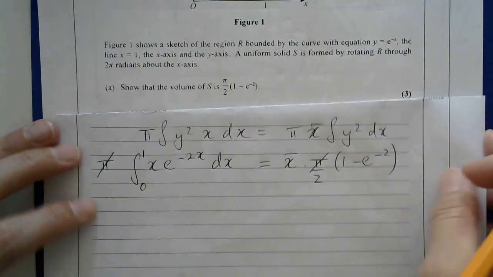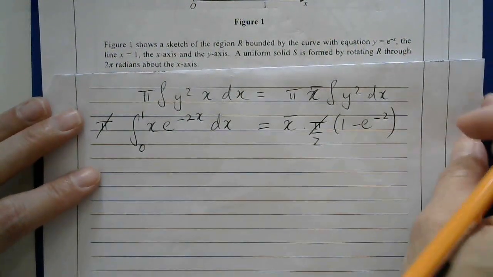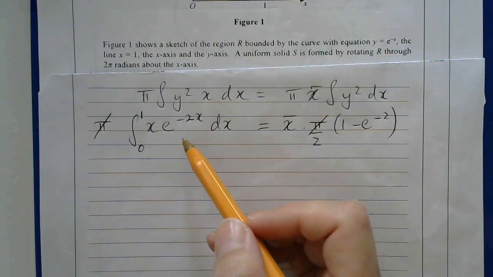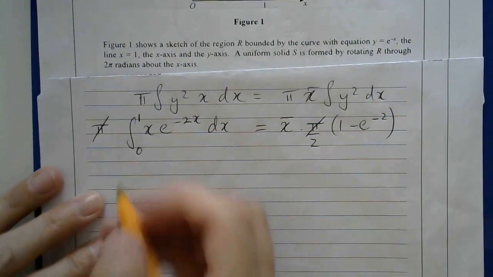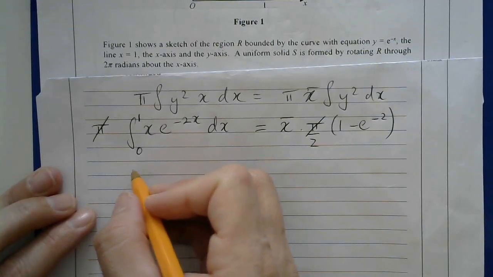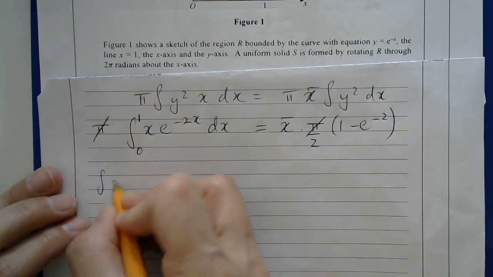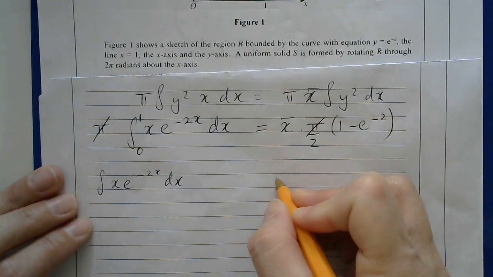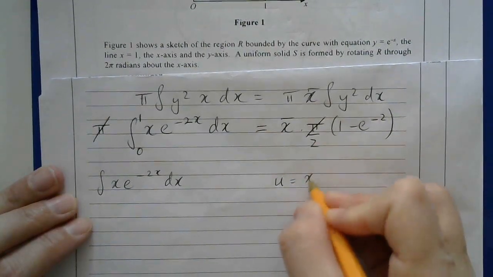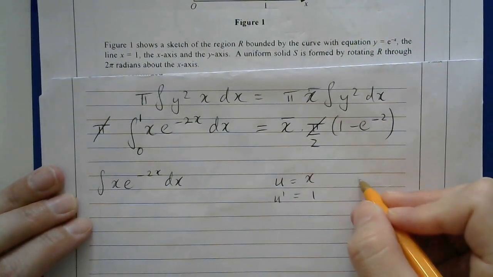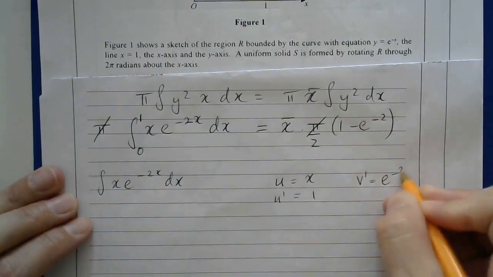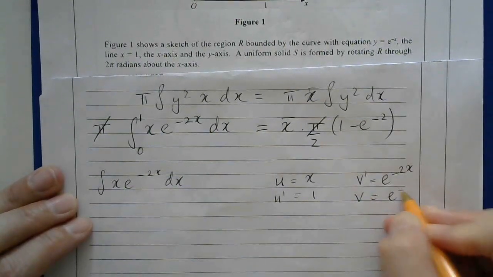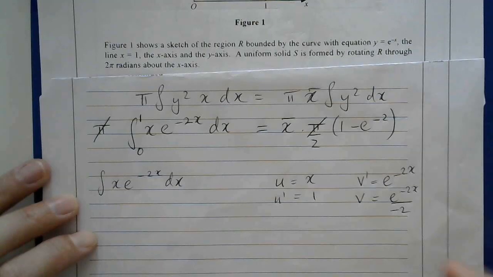So you might recognise from P4 that this is an integration by parts integral. So to integrate x e to the negative 2x, let's see what happens. I shall make u equal x, so u dash will therefore be 1, v dash will be e to the negative 2x, so v would be this integrated, so e to the negative 2x over negative 2.